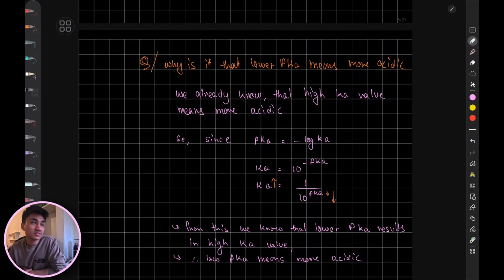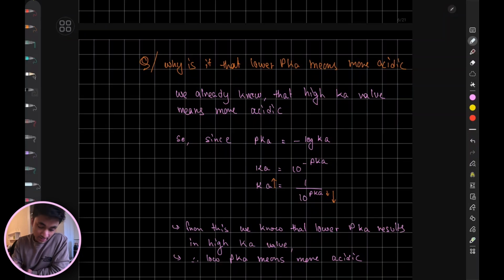Higher concentration of H plus will mean more acidic, and whenever you have higher concentrations, it becomes a more negative value whenever you do the pH calculation. Minus log base 10 of concentration, you get a minus value whenever the H plus is extremely high in concentration. So again, same logic applies over here. Lower pKa means more negative or smaller value.